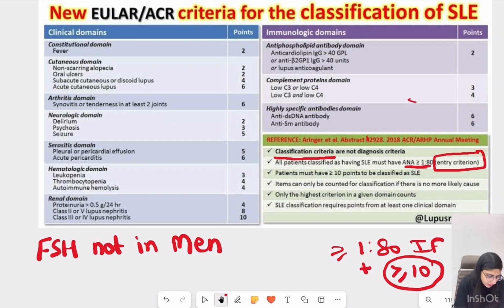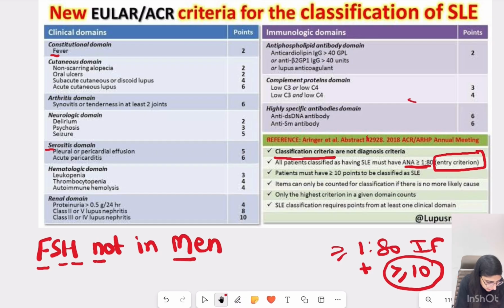So now, what does this mnemonic stand for? FSH not in men. We know that FSH hormone is not used in males. It's a female hormone, so this is easy to remember. F stands for fever. S stands for serosal.